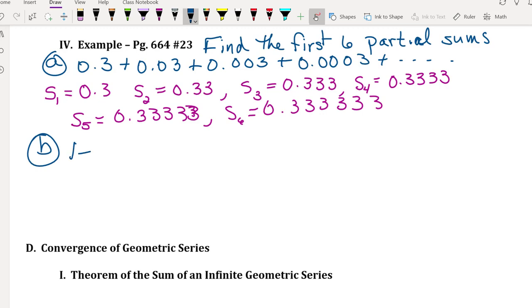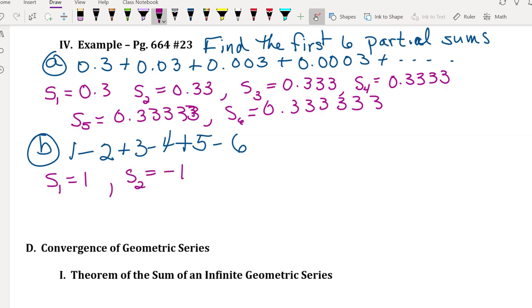is 1 minus 2 plus 3 minus 4 plus 5 minus 6. Our first 6 partial sums will be 1 for the first term, and the second will be 1 minus 2, which is negative 1. Then the third partial sum, we take our second sum and add 3, so we get 2.